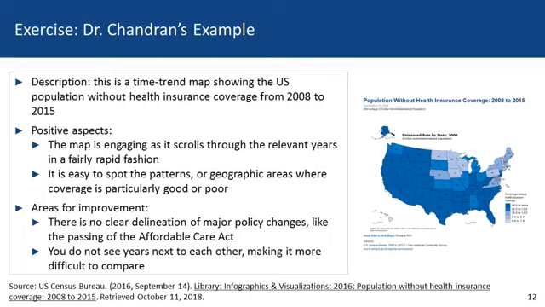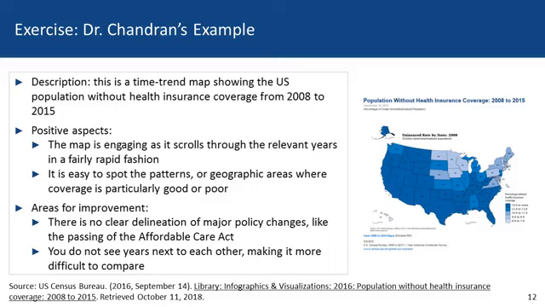As an example, I chose the data visualization displayed here. The description: this is a time trend map showing the U.S. population without health insurance coverage from 2008 to 2015. Some positive aspects of this visualization: I find the map to be engaging as it scrolls through the relevant years in a fairly rapid fashion.